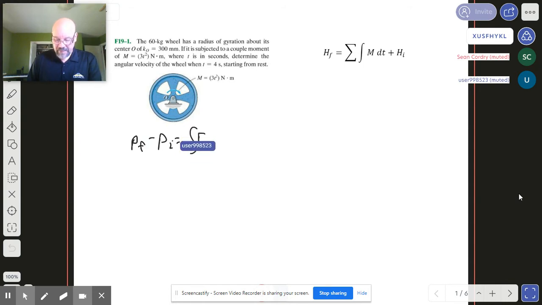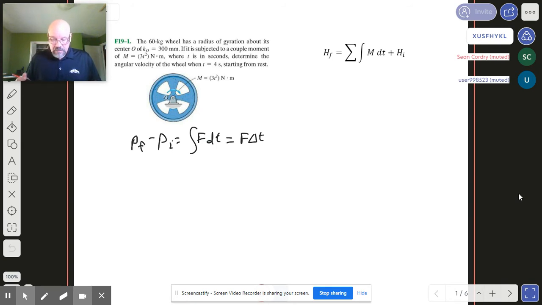And we said that was an integral of F dt. If we start from rest, we can toss that term. If the force is constant, this becomes an F delta t. So you may want to take a moment to go look at your homework previously on some of those things, because all of those ideas translate into what we're doing right now.